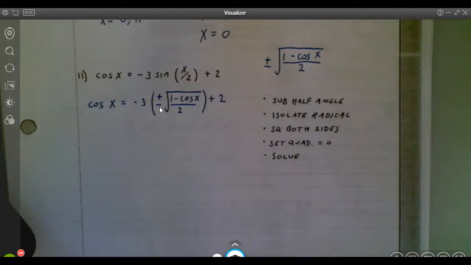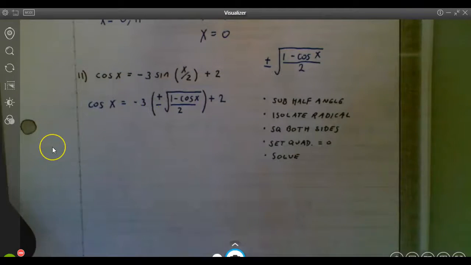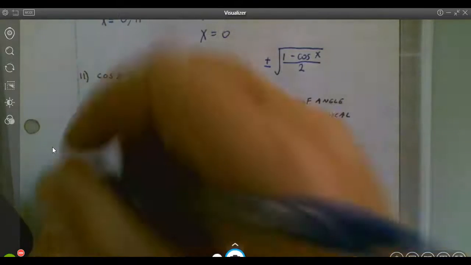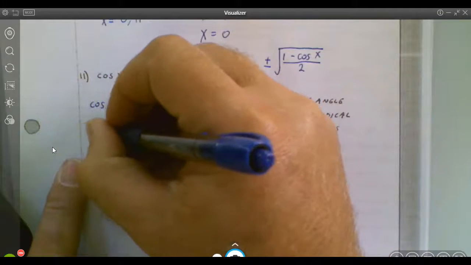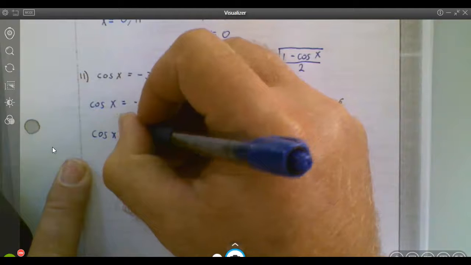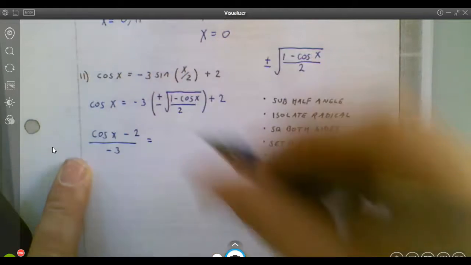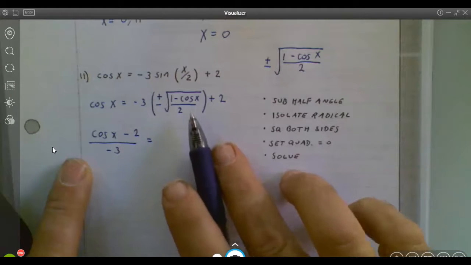I know it has to be the positive version of this formula because I'm going to end up squaring both sides. So anyway, let me keep going through with this. So I'm going to subtract my 2, divide by -3. And so that's going to equal this right here.